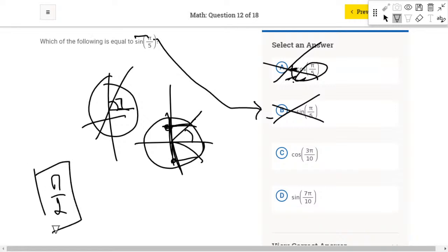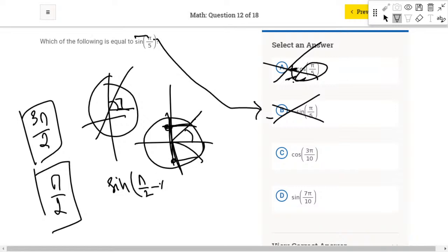When we use pi over 2 or 3 pi over 2, we usually change the name of the function. For example, sine of pi over 2 minus x is equal to cosine of x. So since we change the name, I know that the answer will be cosine. The answer is C here, but let's check to be sure how they found it.